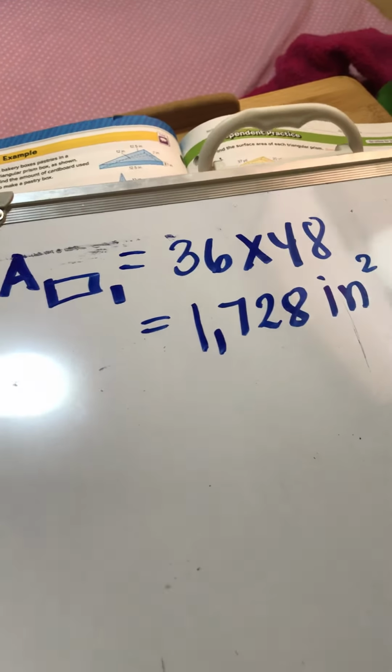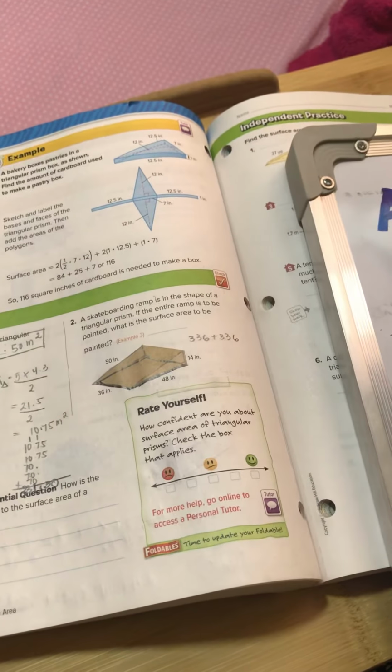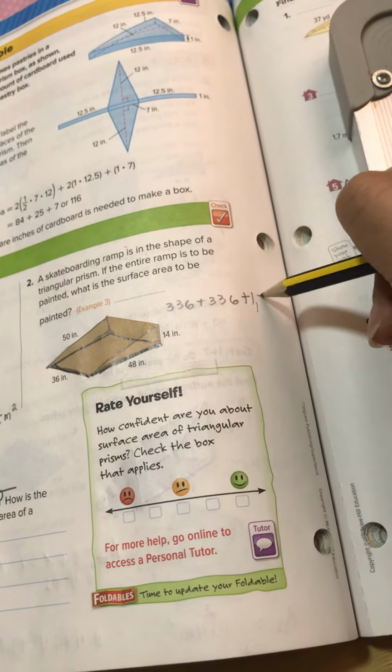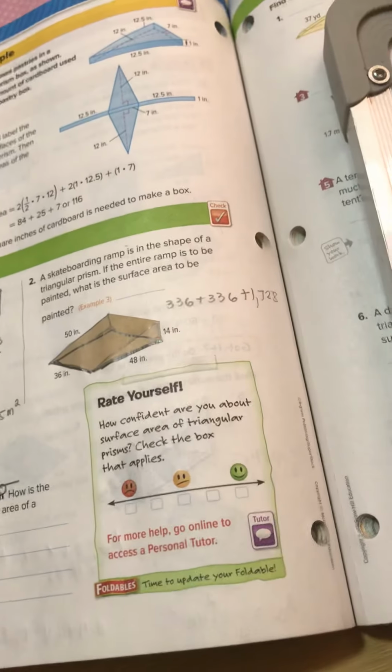Alright, that's for the first rectangle. You can write it there beside the two numbers that we wrote a while ago for the area of the rectangle. Plus 1,728.